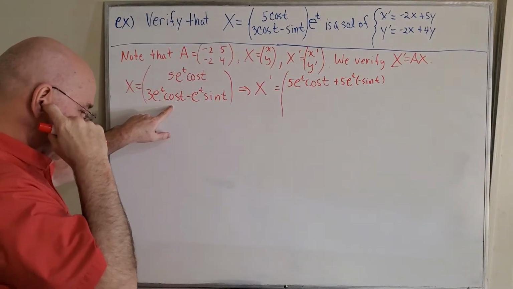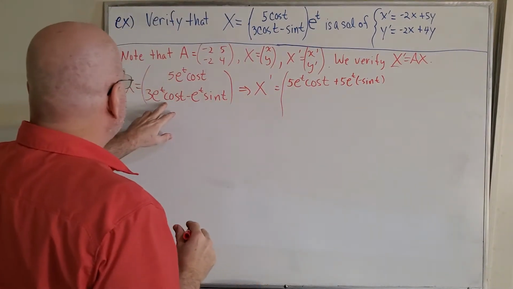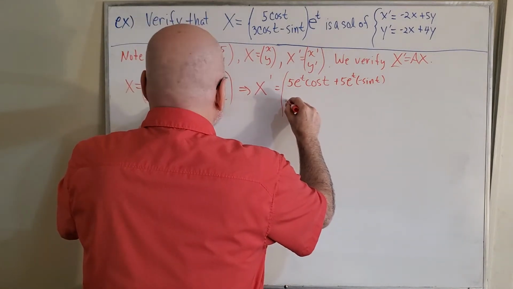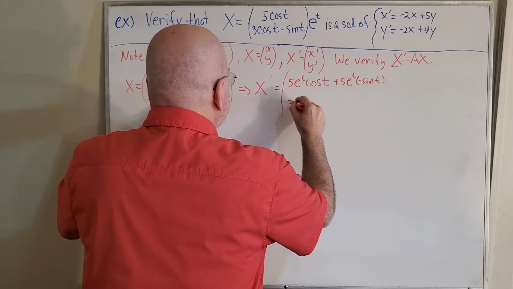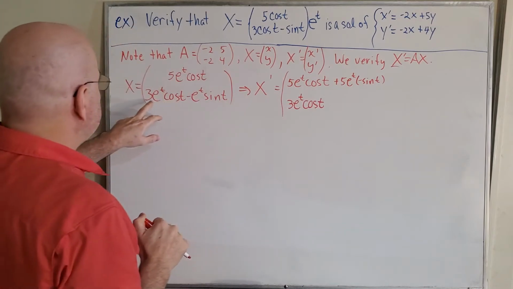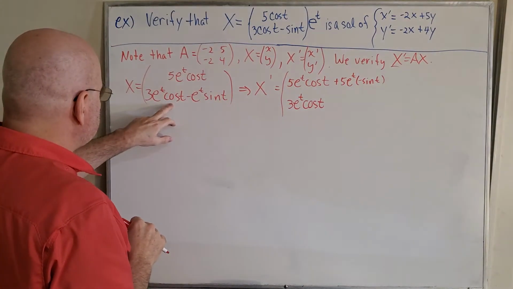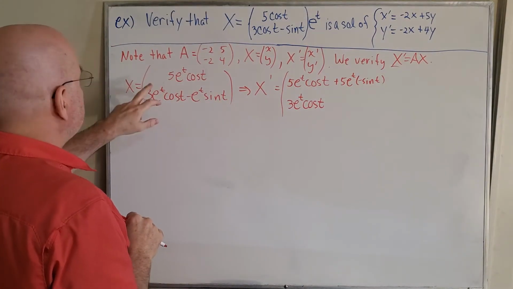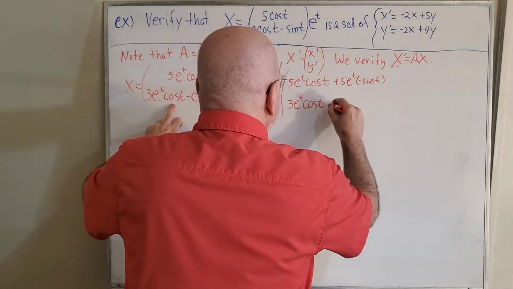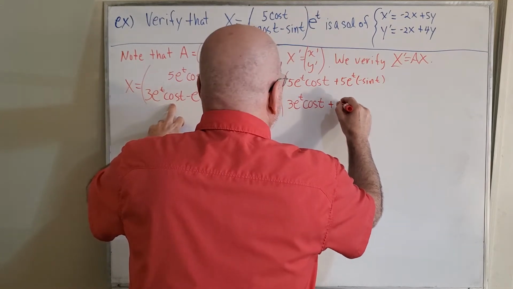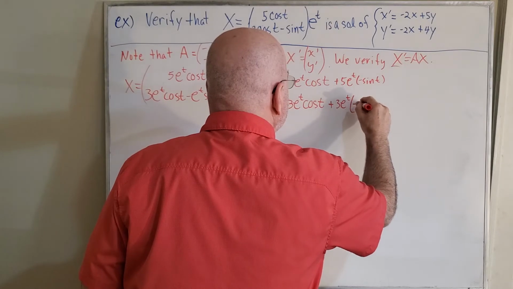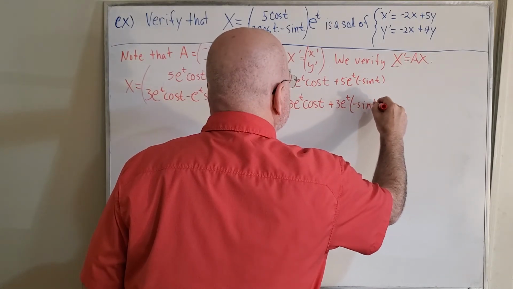And this one will take a little bit more work. I'll do the second times the derivative of the first, so I can just write the same thing here. That's the second, that's the first, let's see, what is it? It's the derivative of the first times the second plus the first times the derivative, which would be a negative sin t.